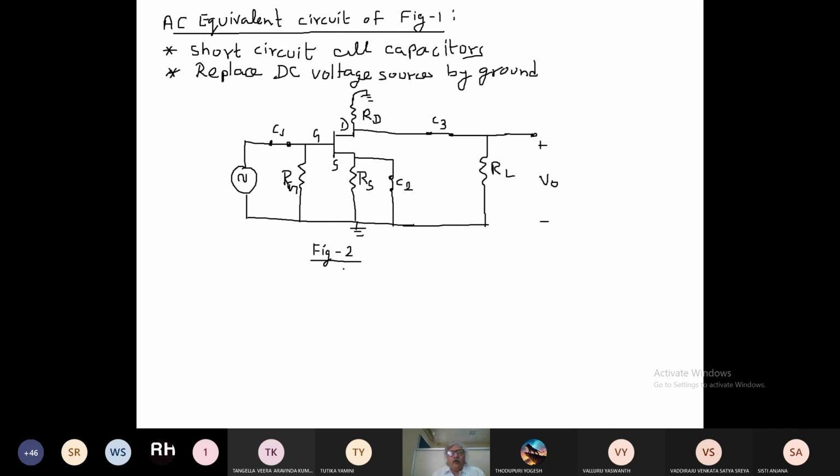Right? Now I will rearrange this figure in this way. This is the voltage source and this is V in.